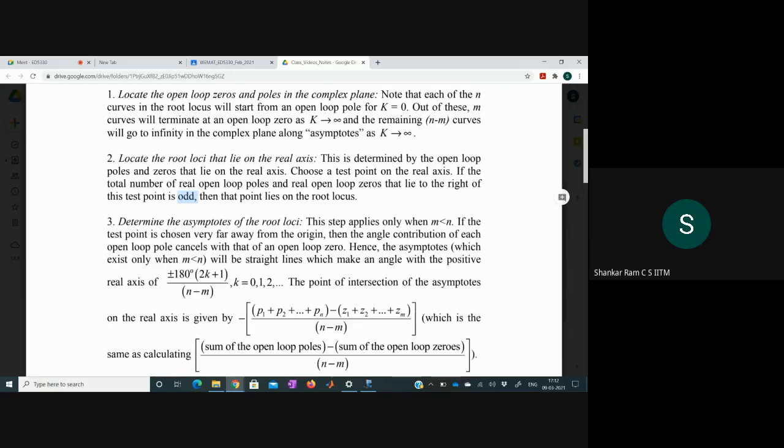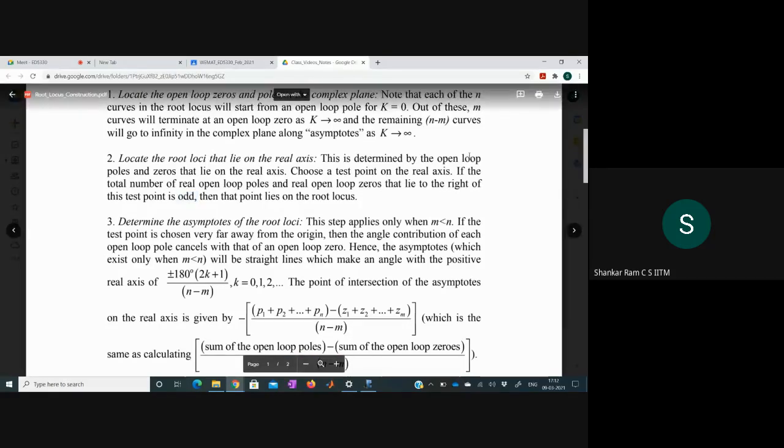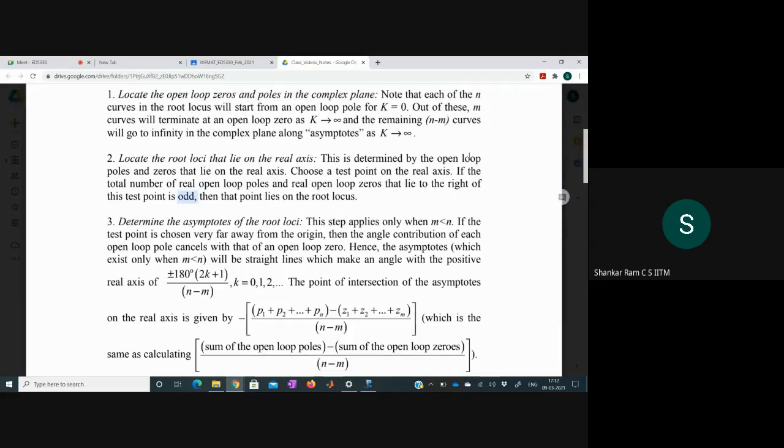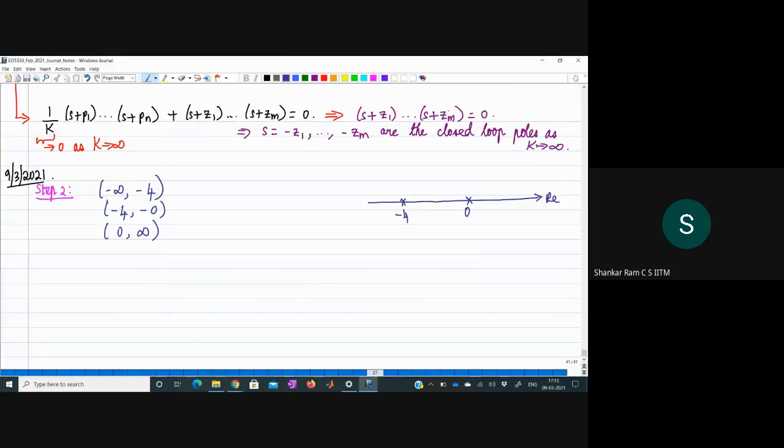That is why we choose a test point, look to the right of the test point, and if the total number of real open loop poles and real open loop zeros to the right of the test point is odd, then that point lies on the root locus. The word odd comes here because we need an odd multiple of 180 degrees, as far as our angle condition is concerned.